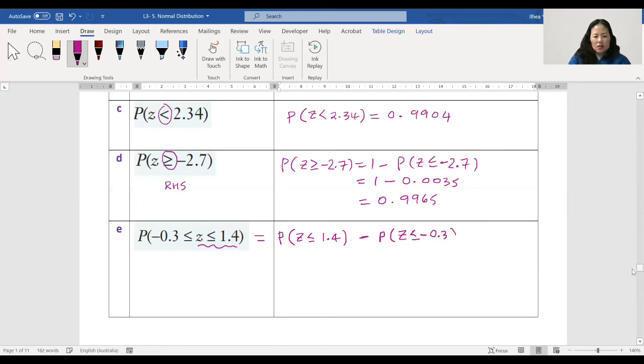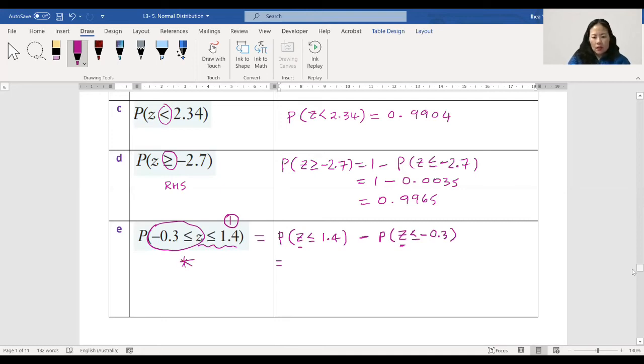So just remember, I think it's easier if you put that first as it is, but for this part you just put the z on the left here. Okay, so it's nice to have all the z on the left first. So don't just write minus 0.3 is less than equal to z. Just make it z is less than equal to minus 0.3. So it's exactly the same as this. We're just writing it in 2 parts instead of 1 part.